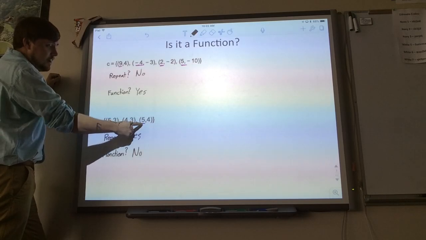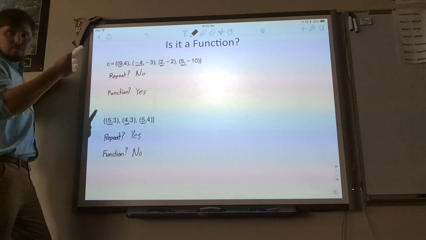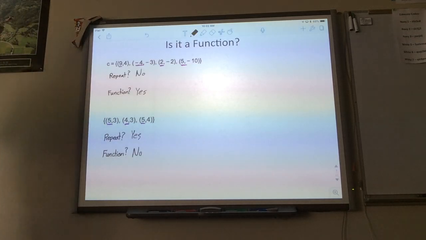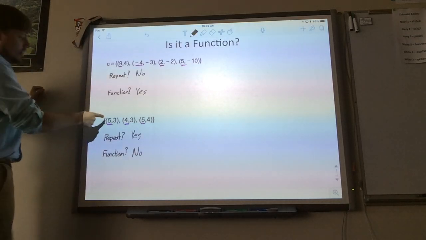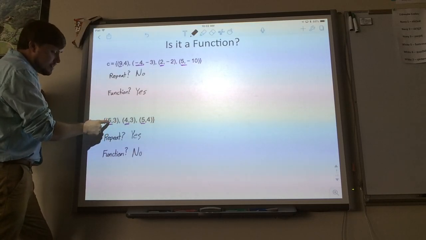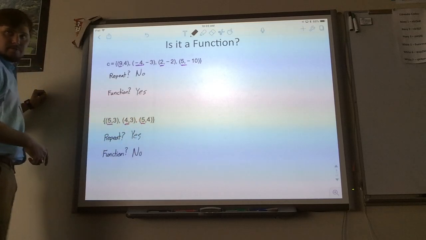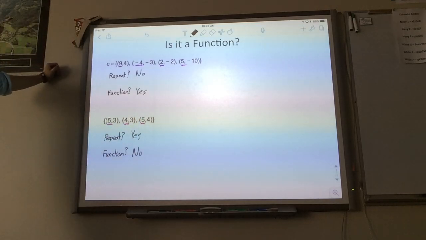And if I input a 5, we already know what a 5 gives us, so it can't give us a 4. It's got to have only one answer. Does that make sense? Explain that more. Our input can only have one answer. Right? So this 5 says that the answer is 3, so the answer can't be 4. So that's why it's not a function? That's why it's not a function. So that's why it can't repeat.